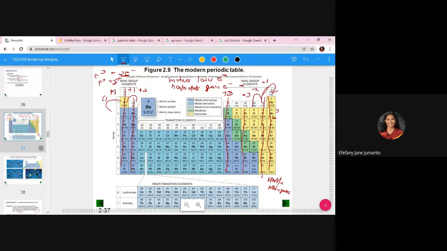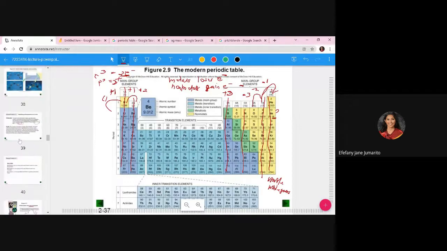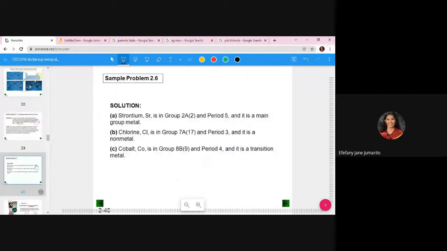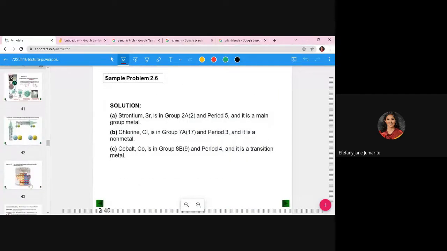Imbis mag-gain, mahimo siyang negative. The explanation is mas dominant imong protons or mas dominant imong electrons. Okay. So we have those charges.